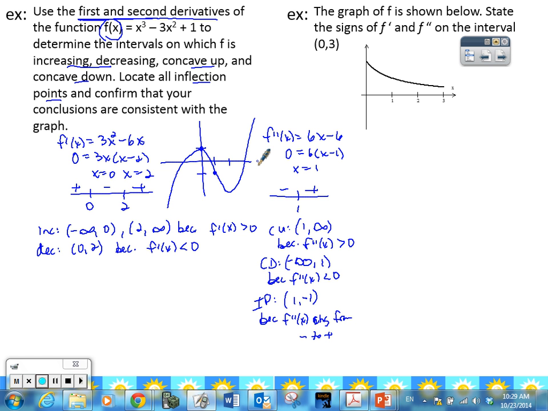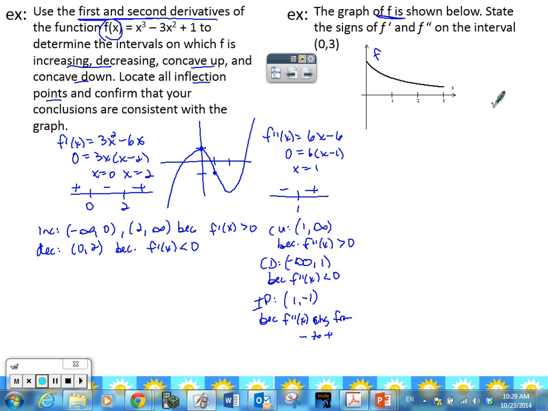Okay. All right, this last one is just really a visual thing. We're supposed to look at the graph and determine the signs of the first and second derivative. All right, so let's do that. This is the graph, and again, we got to make sure we're looking at the proper thing. This is just a regular position graph, so this is the graph of f, and we are supposed to determine the signs of the first and second derivative.